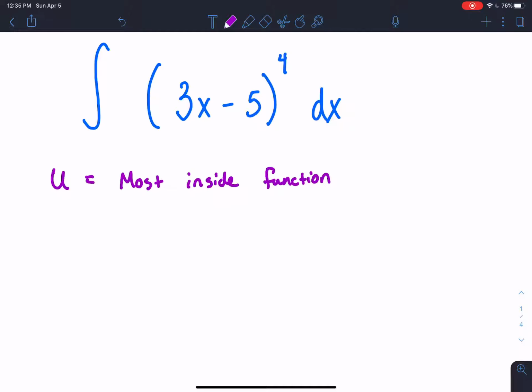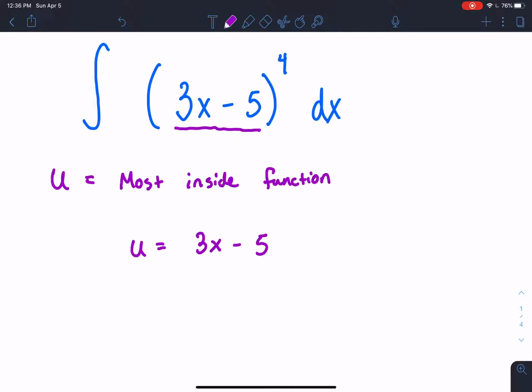So right now, if I'm looking at my problem, I have 3x minus 5, and that's inside of the 4th power, because the exponent's on the outside like that. So I'm going to call u the most inside function, which is 3x minus 5. So u is 3x minus 5.